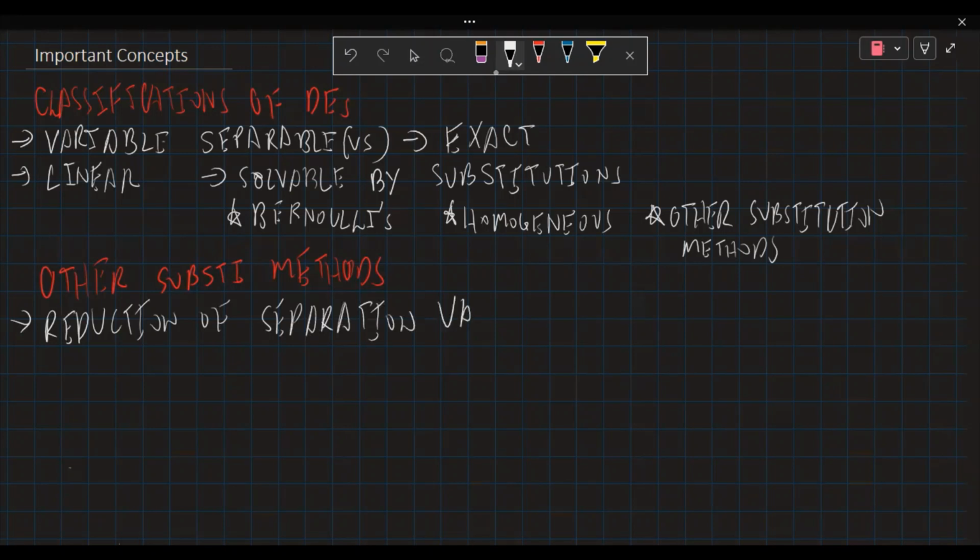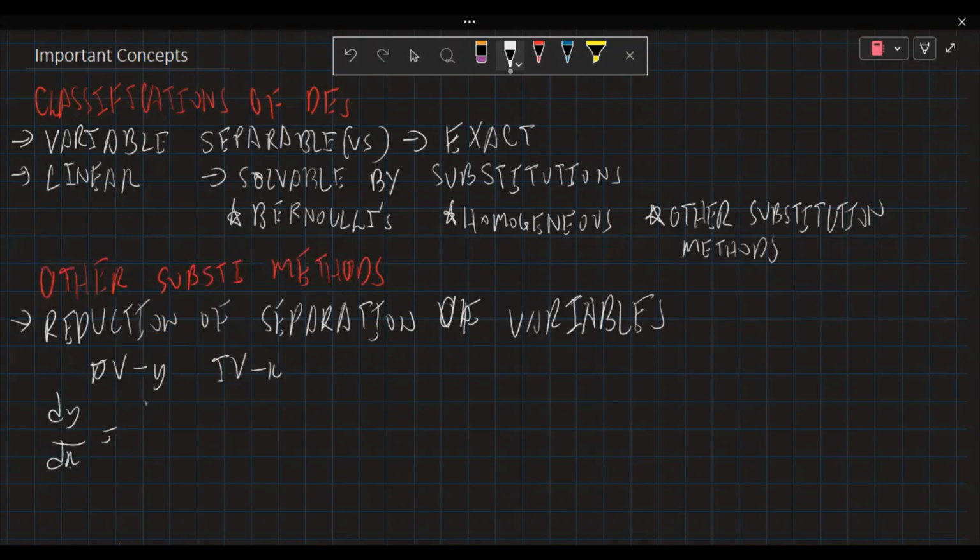For this one, it has this general function, where our dependent variable is y and the independent variable is x. So it is dy over dx equals a function of ax plus by plus c. And what we can do is let u equal ax plus by plus c, and then from there we can substitute.